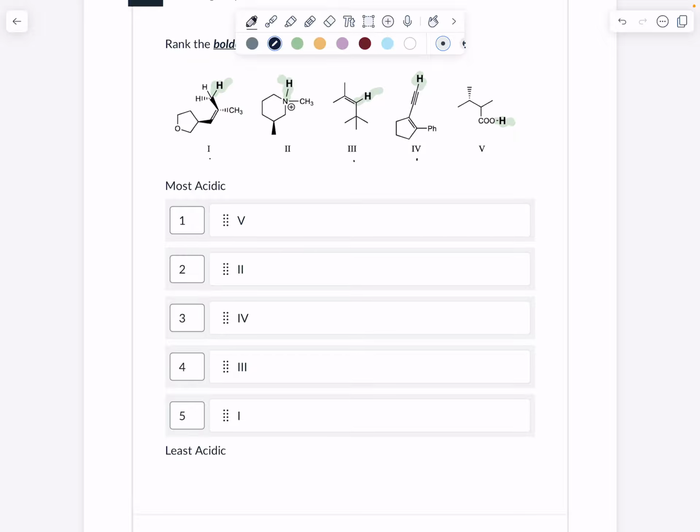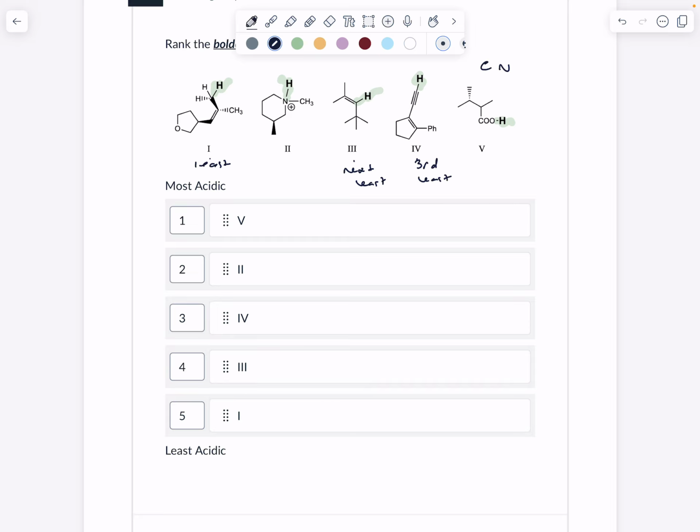So we know that 1 would be the least acidic of these 3. This would be the lowest pKa of the carbons. Then this would be the next to least of the carbons. And then this would be the third to least of the carbons because it has the most S character.